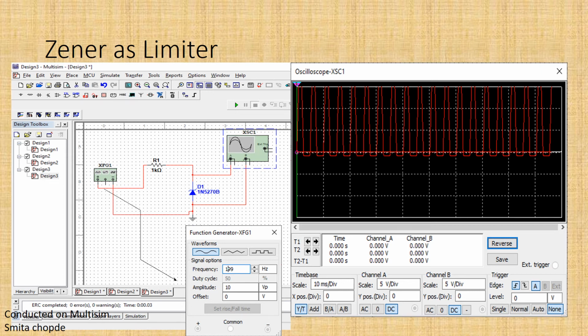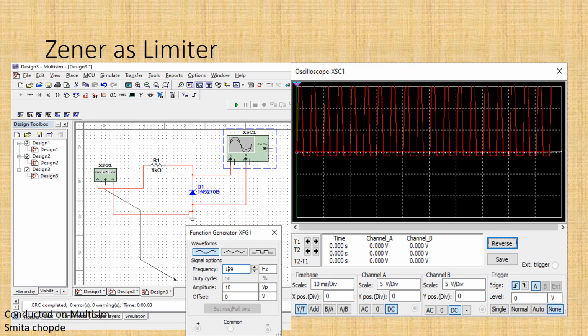You can see that the output voltage in the negative half cycle is limited. So in this way it is working as a limiter in the negative half cycle, because the Zener diode is conducting in the negative half cycle of the input signal.